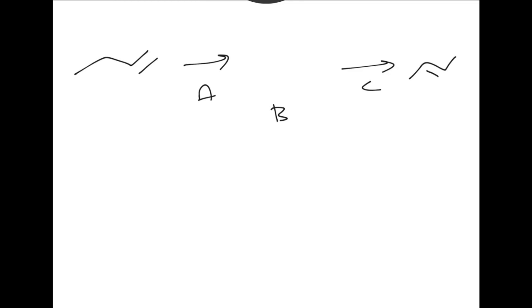So you can put a halide on your alkene and give yourself an alkyl bromide, and then you can treat it with a base and do a dehydrohalogenation, like NaOH, to make your double bond. And then how do I put that bromine onto that molecule? How do I make B?